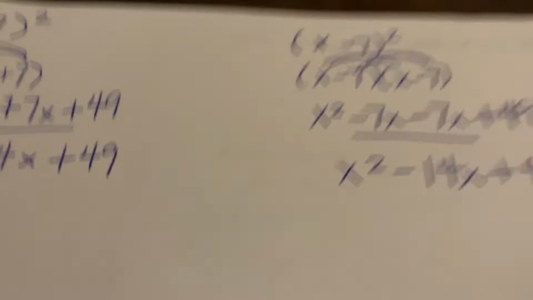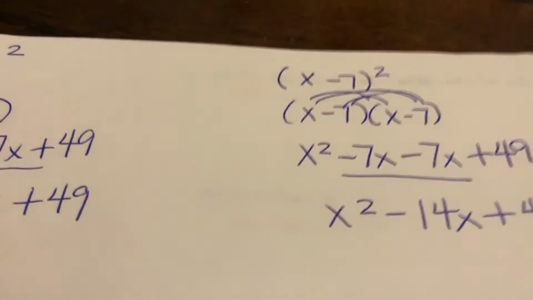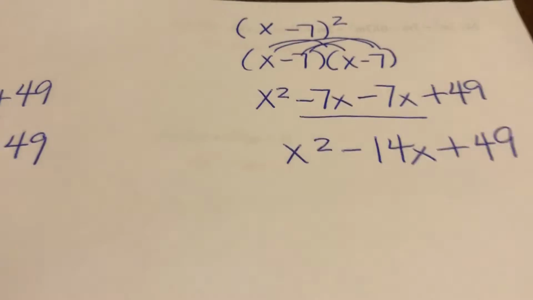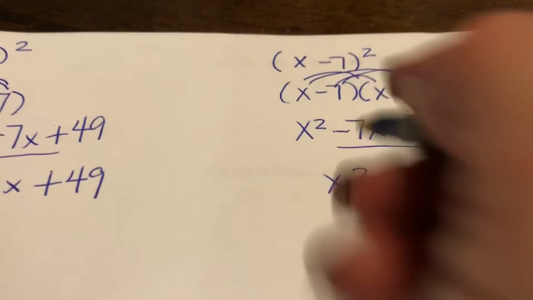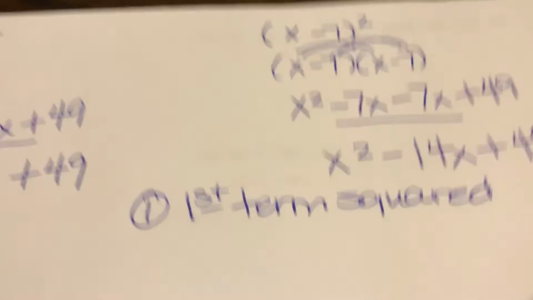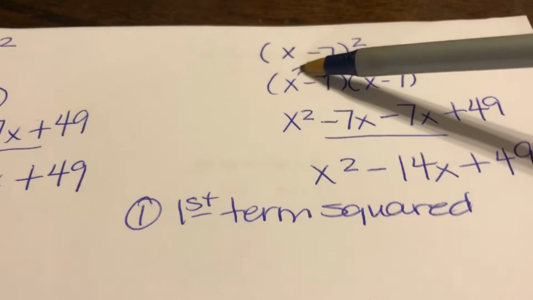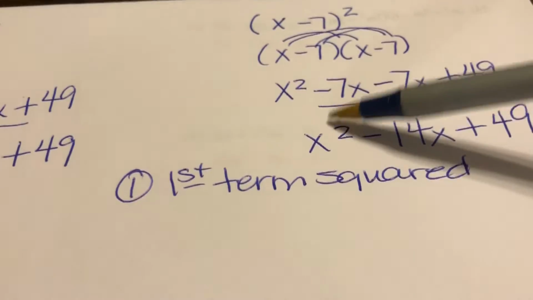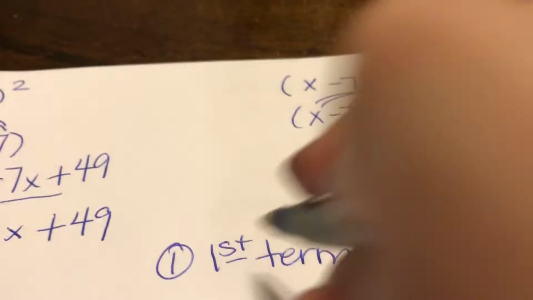But what you see whenever you do this, anytime you have the same binomial squared, is you'll see this. The first term is always going to be squared. So if you look at this, x was squared. So that was our first term, x squared.